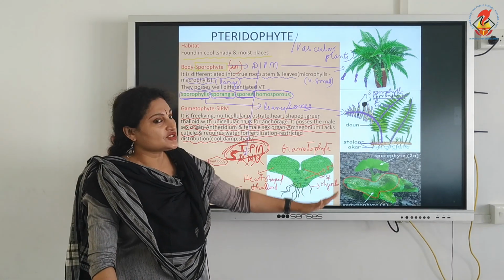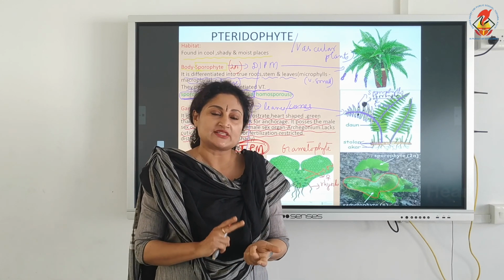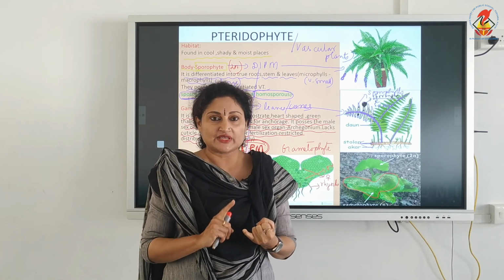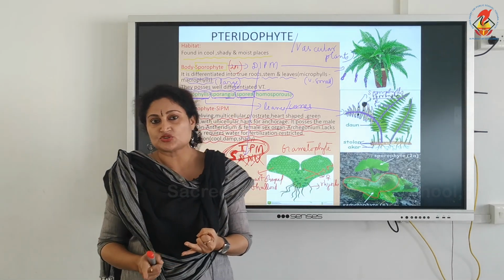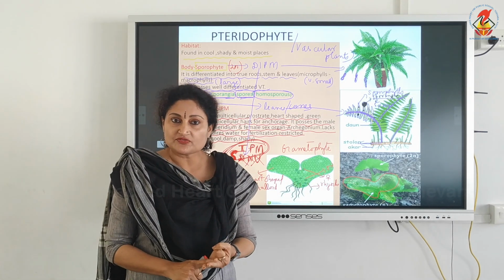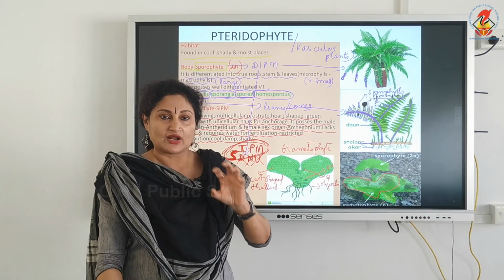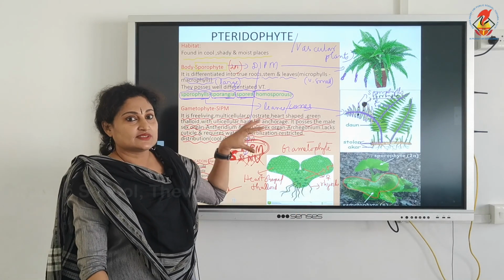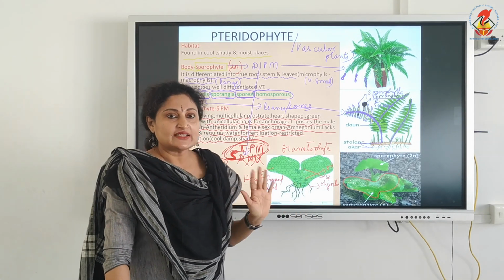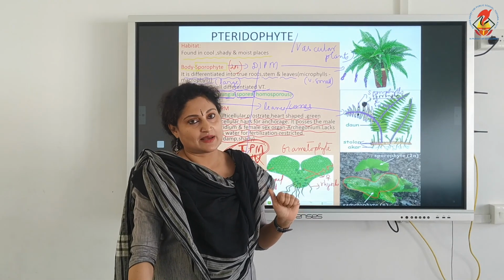I hope you have understood the 3 slides on the 3 divisions, algae, bryophytes and pteridophytes, with respect to their habitat, their body, the 2 phases, that is the gametophyte and the sporophyte, the classification, and finally the life cycle. And why it is called haplodiplontic is justified from the 2nd phase. So with that I am winding up the first part of plant kingdom, Cryptogams. Thank you.